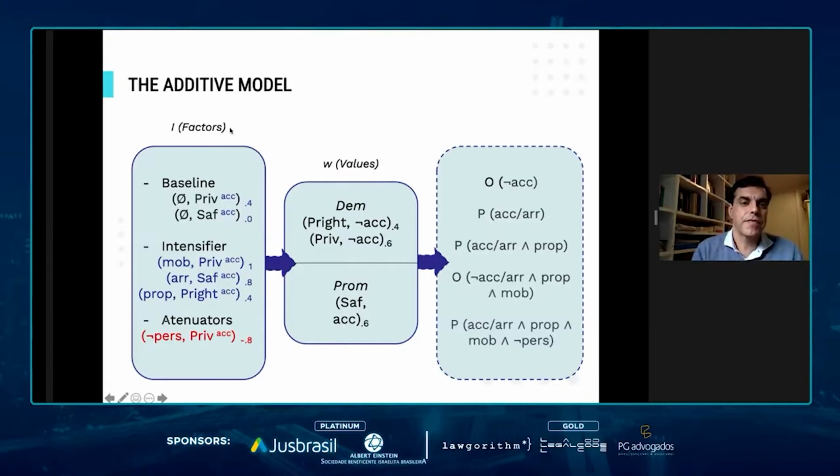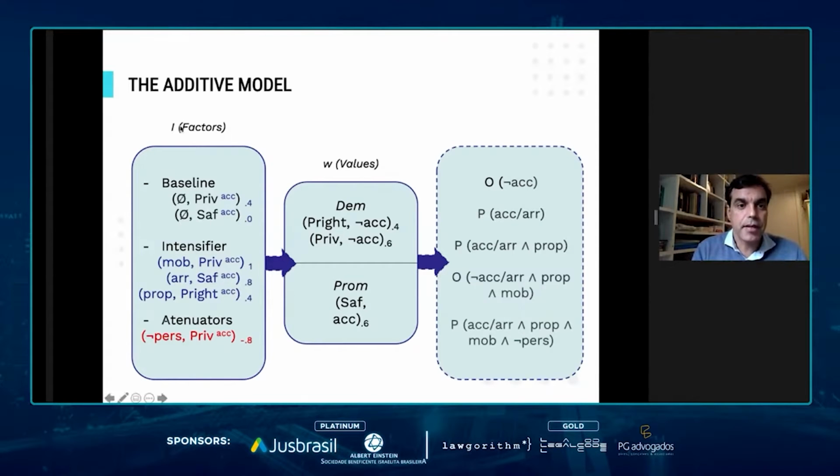And then impact functions that take factors and values, an impact function for each action, and it represents the impact of the action on the value, and actually the influence that factors may have on the impact of the action on such values.